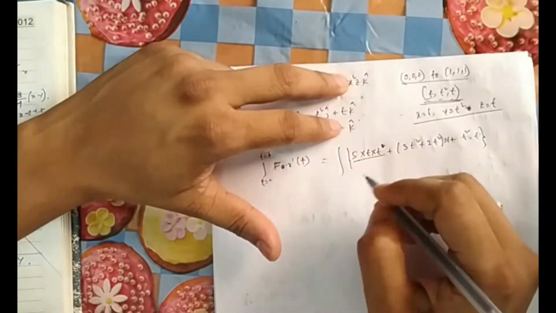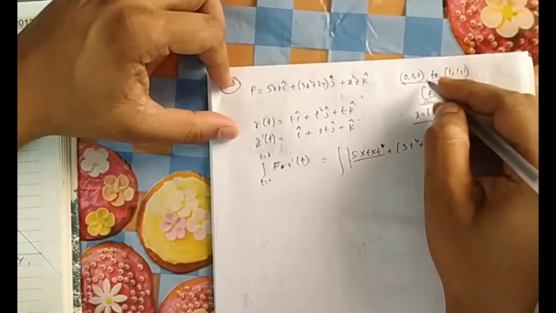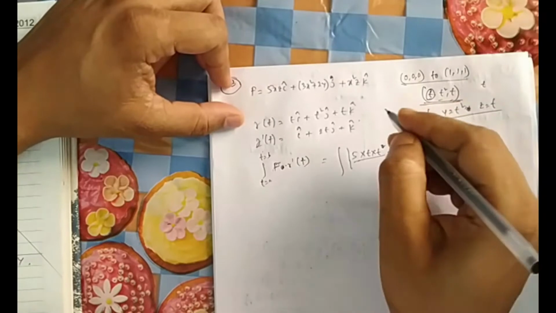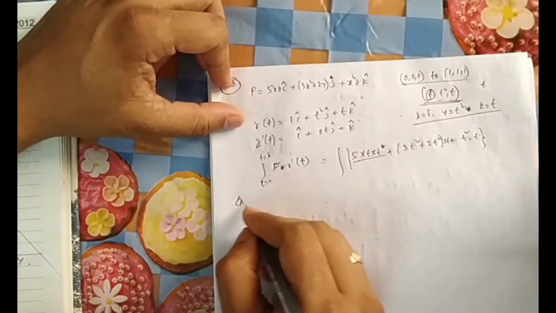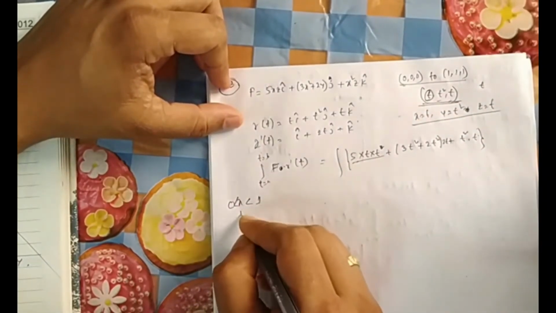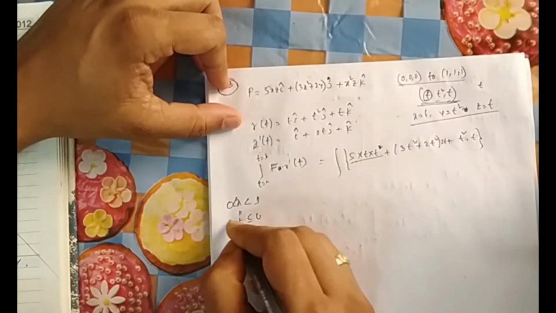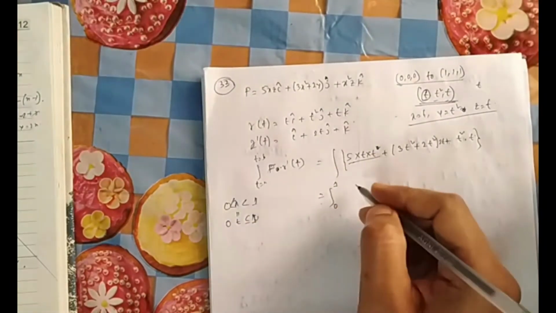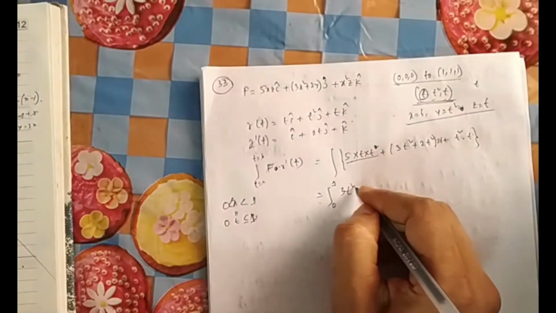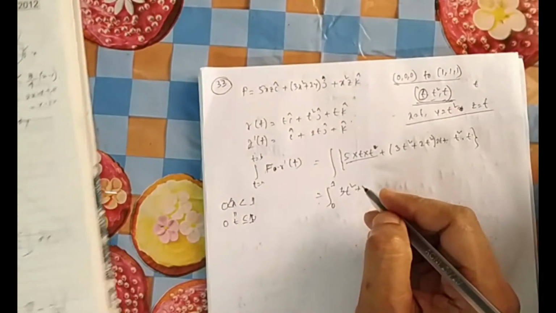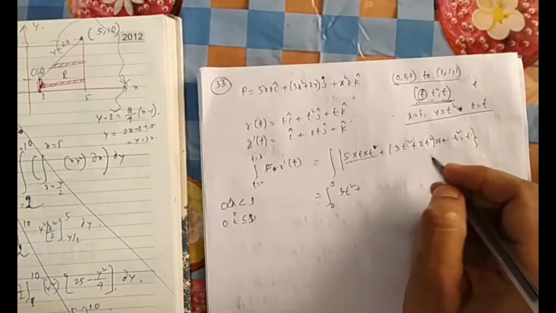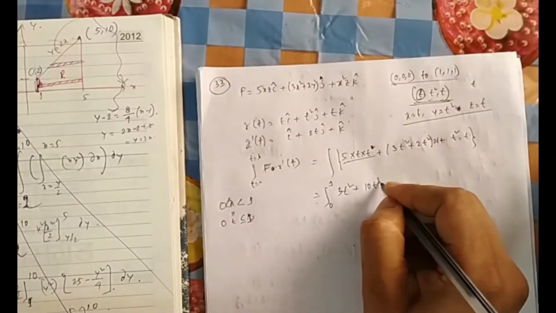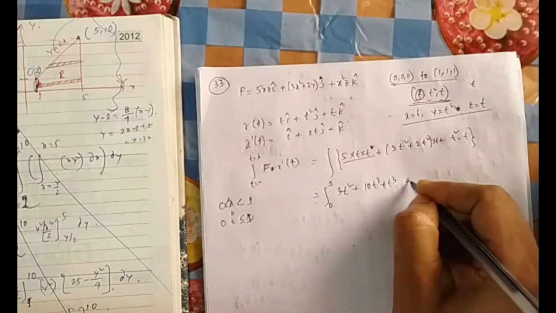So you will integrate it, and what is the limit? You can take any one. Suppose you are taking x, x is t, because x is going from 0 to 1, so t will also grow from 0 to 1. So the limit will be 0 to 1, then it will be 5t square plus 3 twos are 5, 5 twos are 10t cube plus t cube dt.